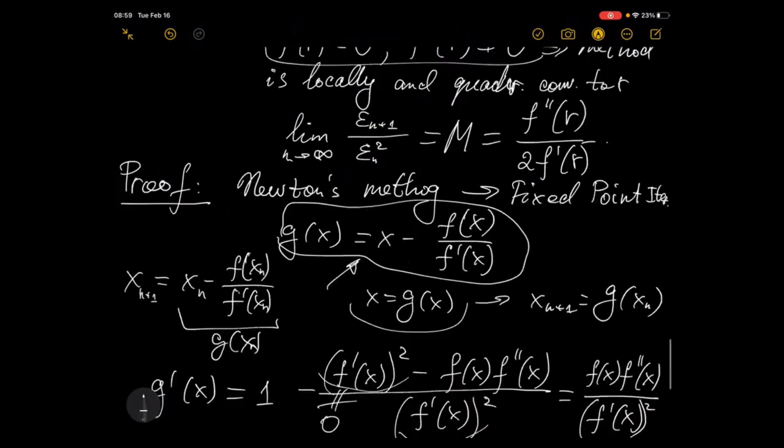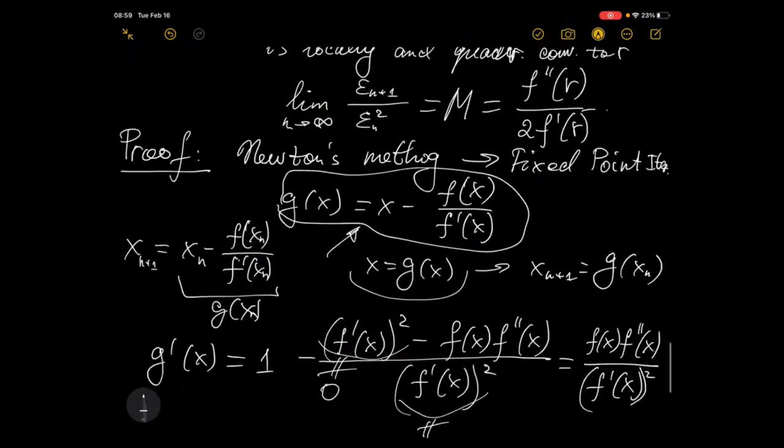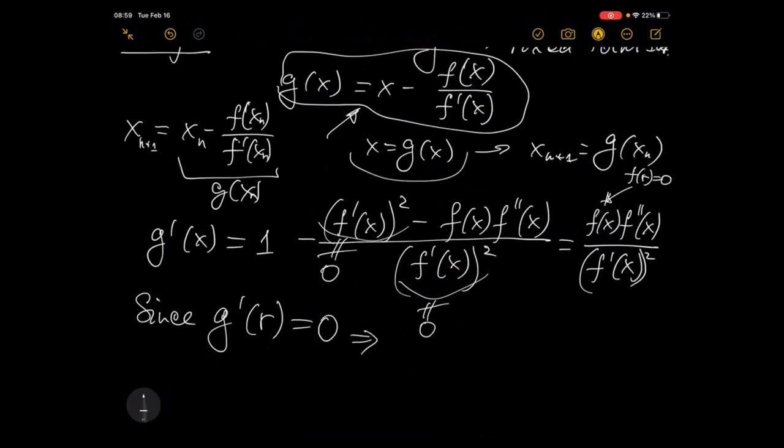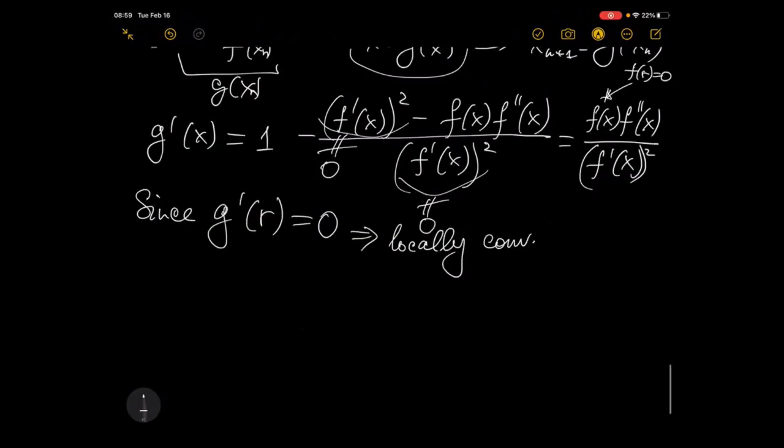From the other point of view, at the root this goes to 0, because f(r) equals 0. So it means that this is locally convergent, because it's less than 1, obviously.